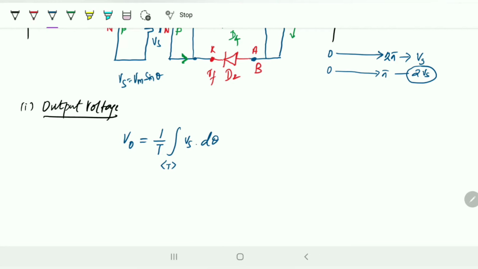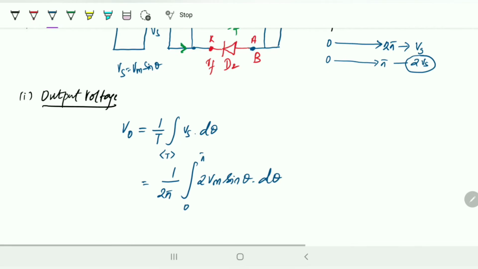Expanding, 1 by T is 1 by 2 pi, the integration limit is 0 to pi, and Vs is 2 Vm sin theta d theta.